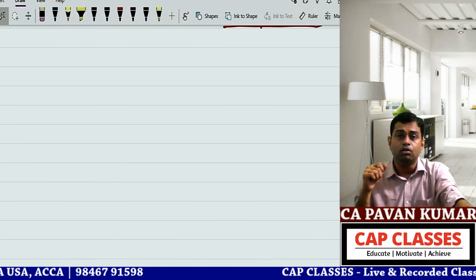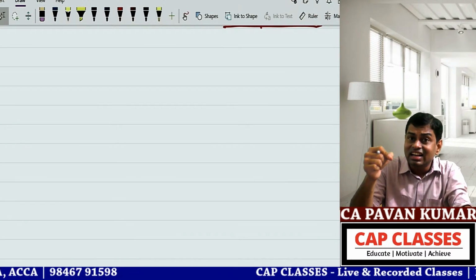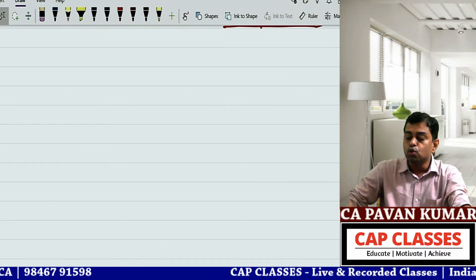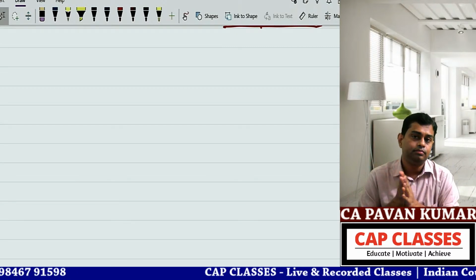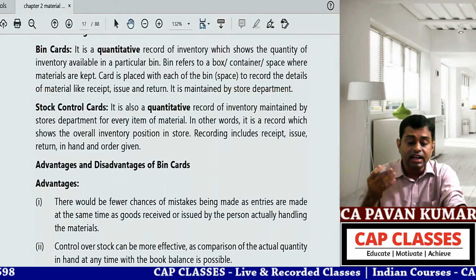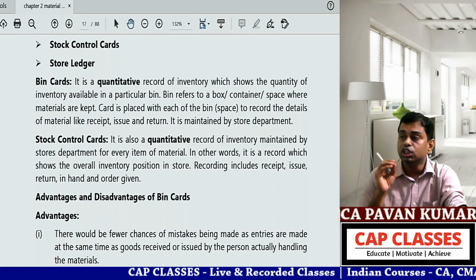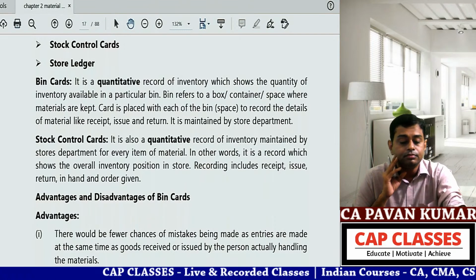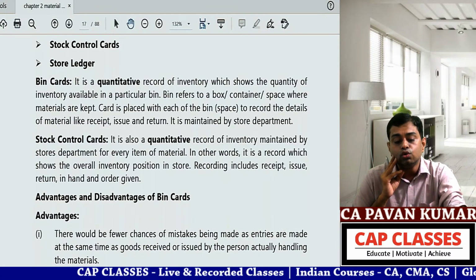In the next line write down: a bin is a container where the goods are stored.